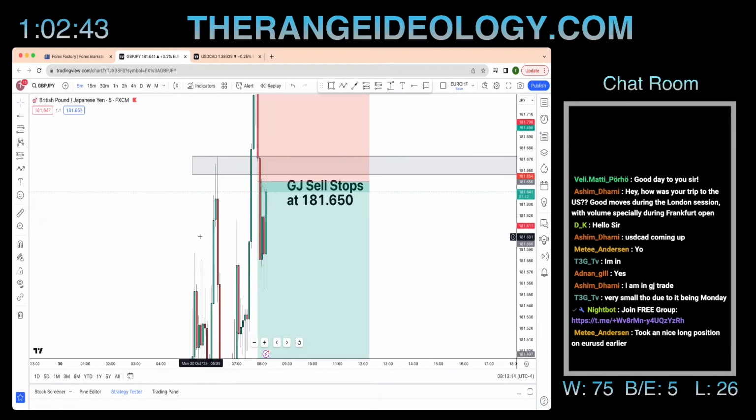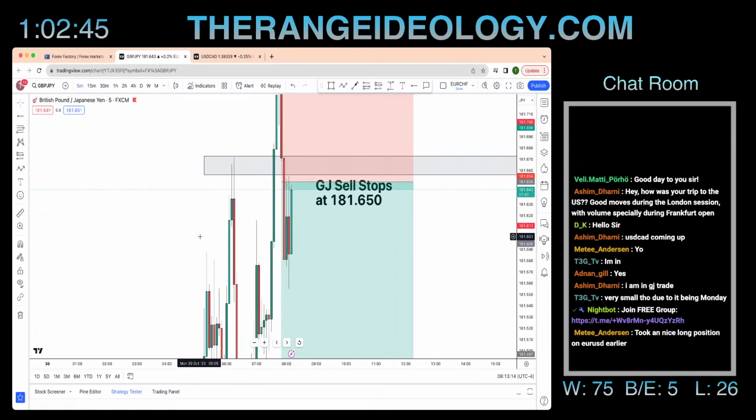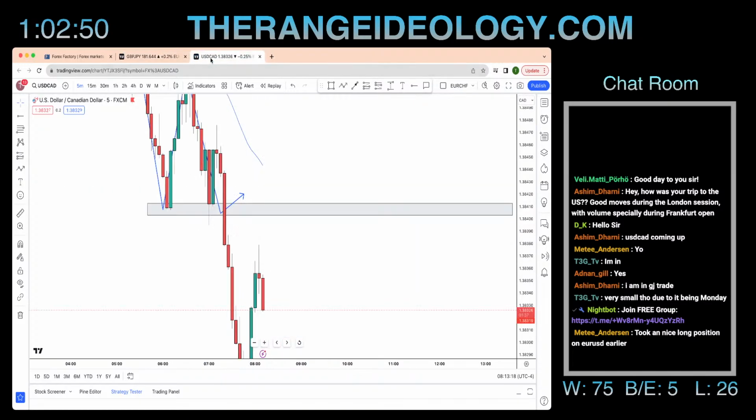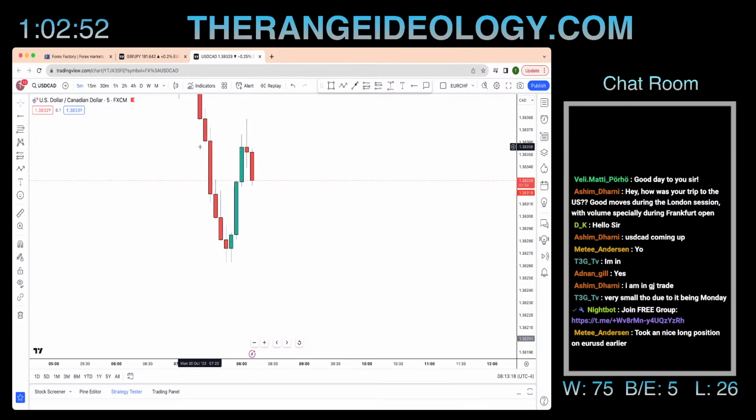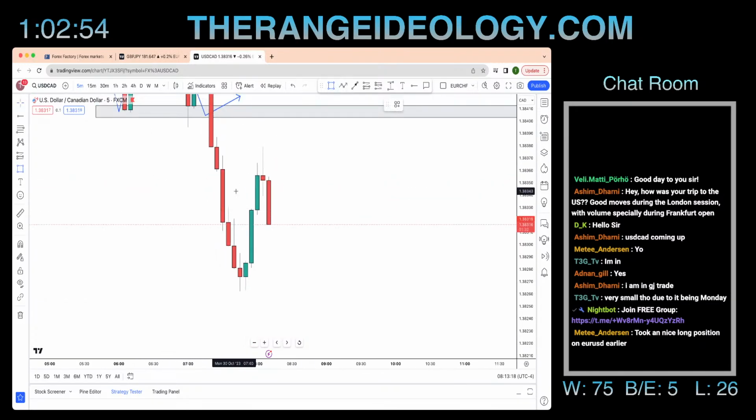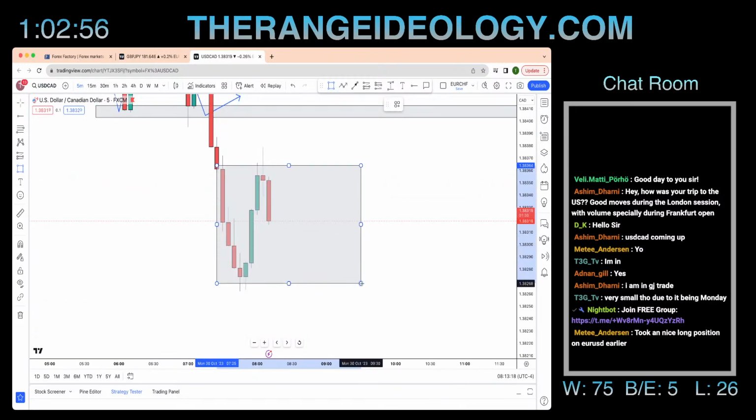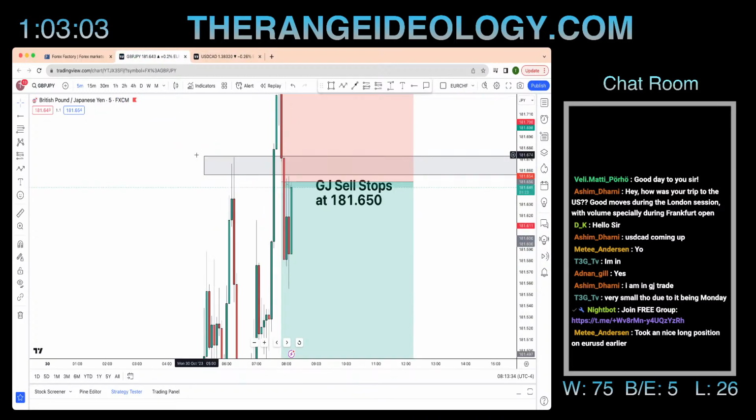But nonetheless, let's see here. Wow, look at that push down. Also, again, USD CAD could be in this range. Let's see.